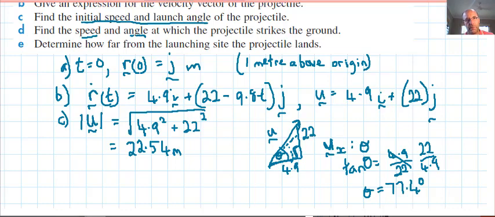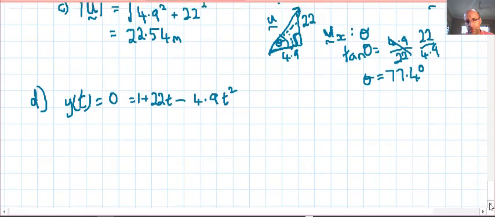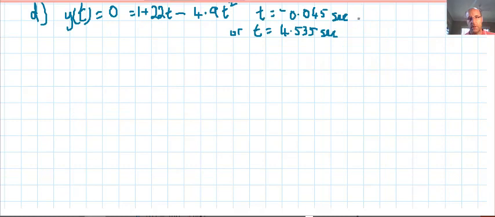Find the speed and angle at which the projectile strikes the ground as part D. When the y component of the position vector is 0, that's when it strikes the ground. So we use the quadratic formula, or if it's tech active, you could use a graphics calculator. We get two values for when it strikes the ground. The first one's invalid, because t has to be at least 0.